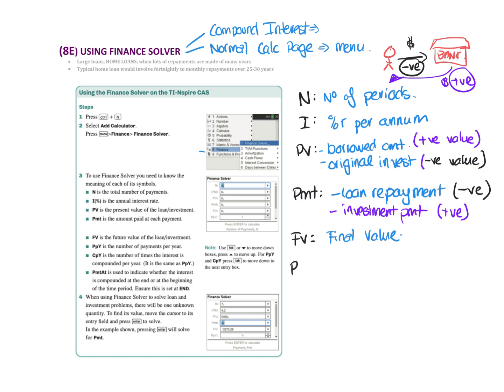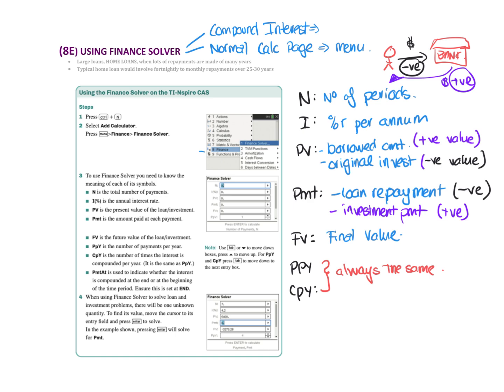And then the last two, you see PPY and CPY. These two are always the same for us. All you have to do is work out what your PPY is, which we've been talking about. If it was monthly, it would be 12.